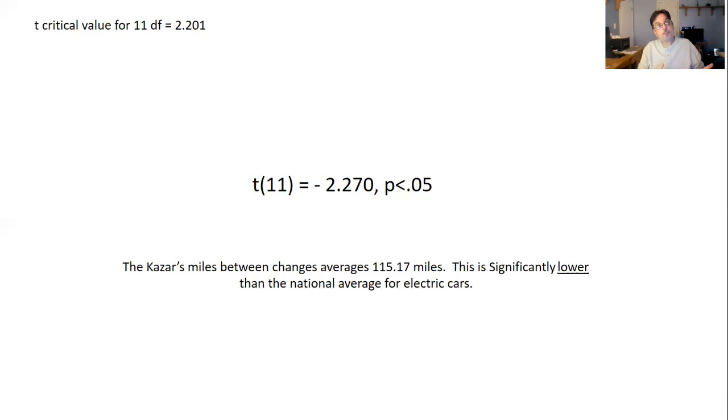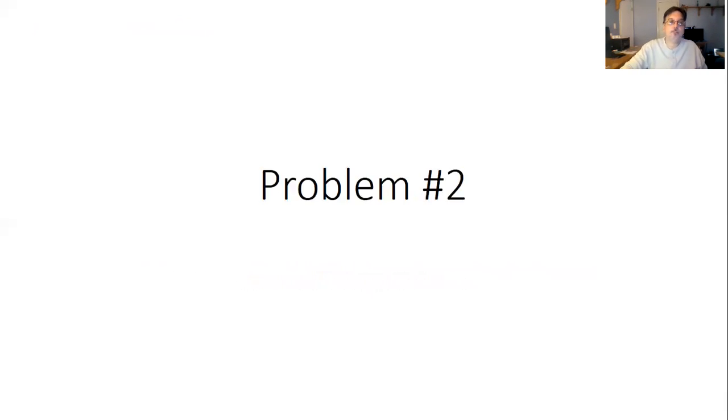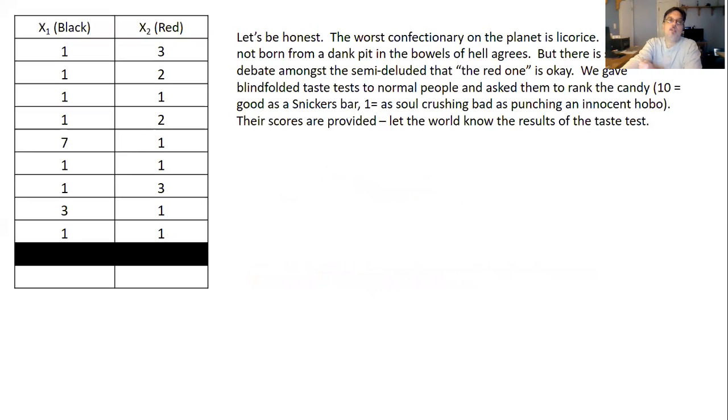Okay, next one. Problem number 2. All right, this one is about licorice, and everybody, by the way, licorice, other than candy corn and orange circus peanuts, the most disgusting candy substance on the planet.